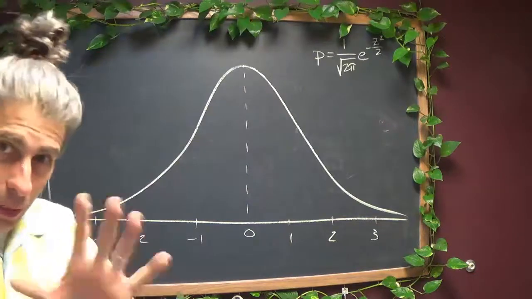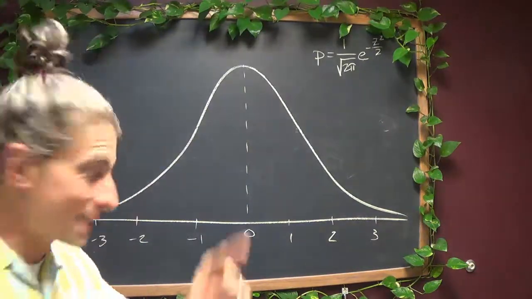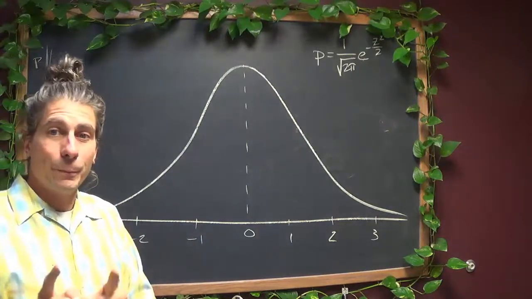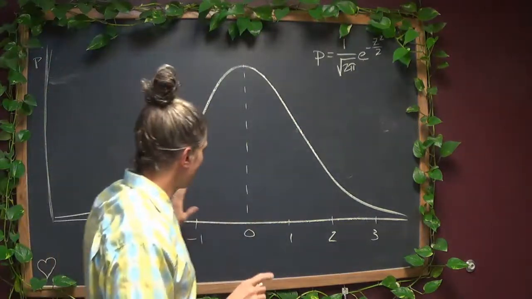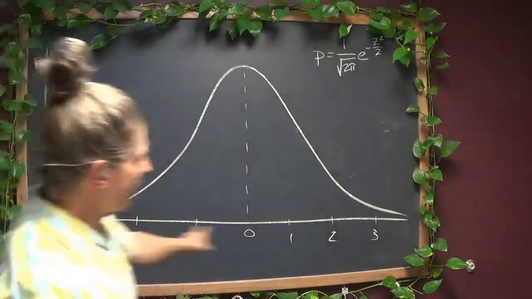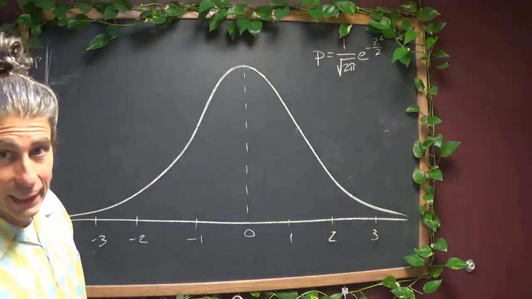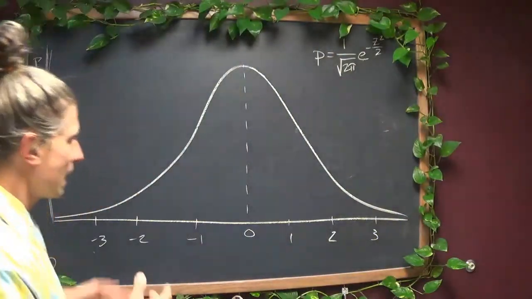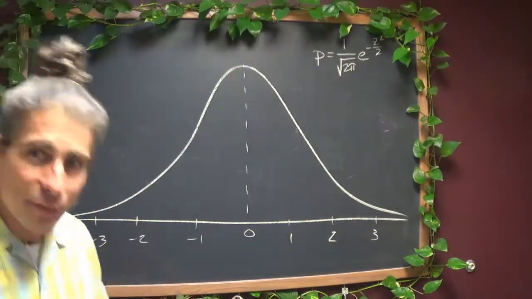But what I really want to do is I want to use this curve to explain to you how to add up the probabilities of all of the data values on these axes. So you got to realize, of course, that when I say all of these data values on the axes, there are infinitely many of them.